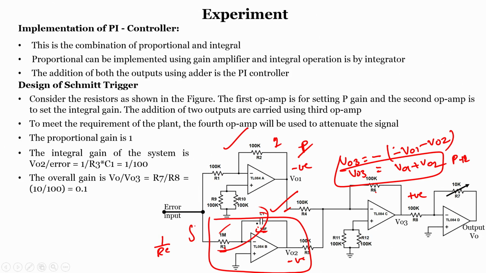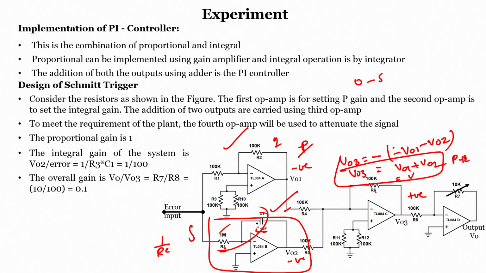The addition of these two will be some value, but is this voltage good enough to be given as an input to the plant? May not be. Sometimes the output will be even more than 10 volts, but I require the range of the input voltage given to the plant to be 0 to 5 volts.